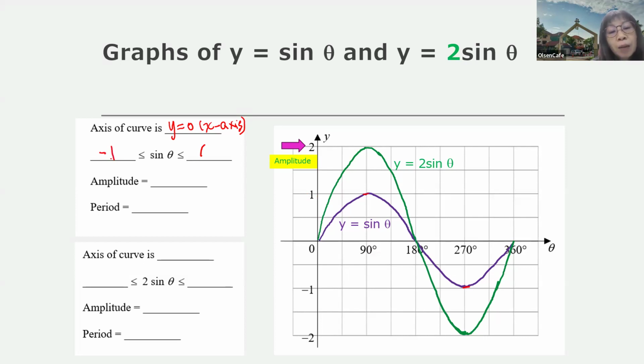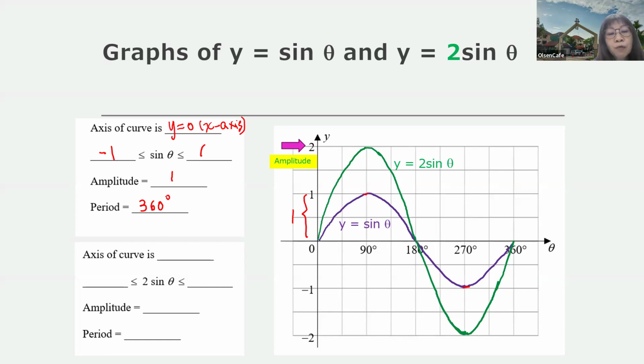So in this case, for the standard graph, the amplitude is 1. And the period in this case is one complete cycle, so it is 360 degrees.